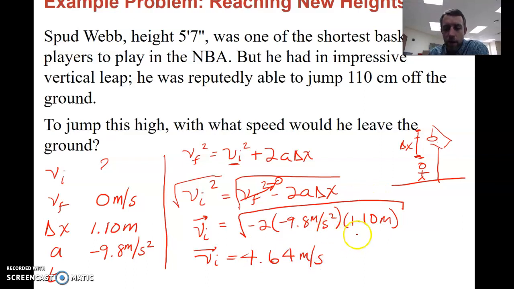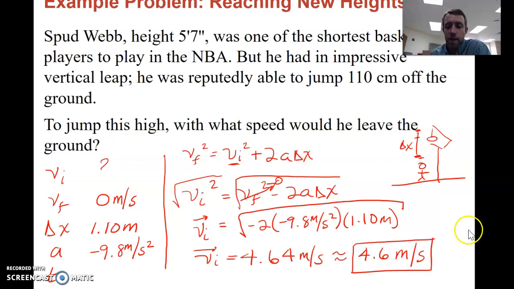If we look at sig figs, we should have 2 sig figs. 4.6 meters per second. And put a box around that. So that is the launch speed that he would have to leave the ground with in order to have a vertical leap of 110 centimeters.